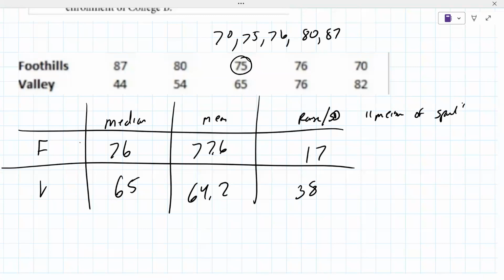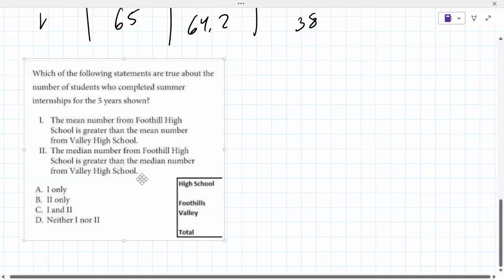So here is the actual question, which I can scroll up if you need. Here is the question here.